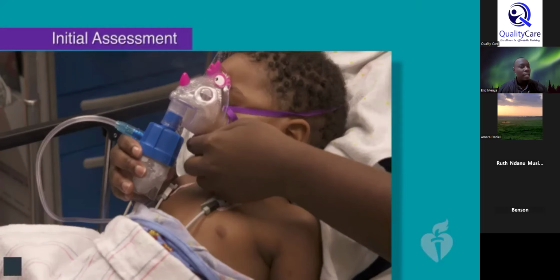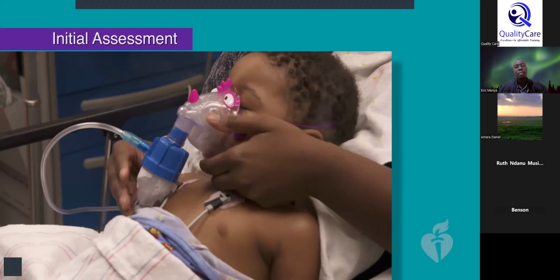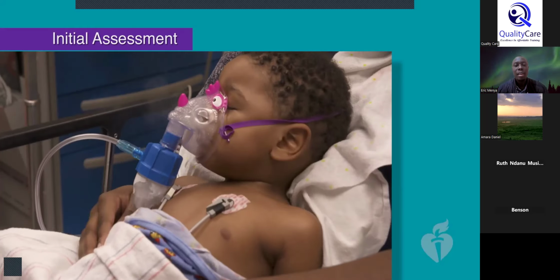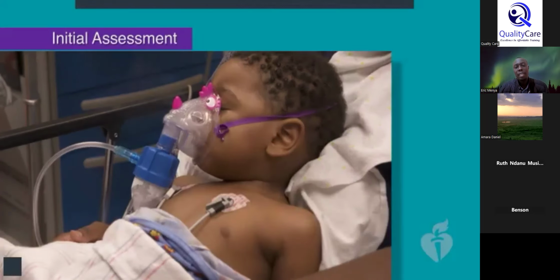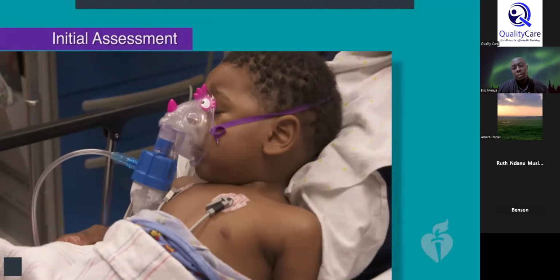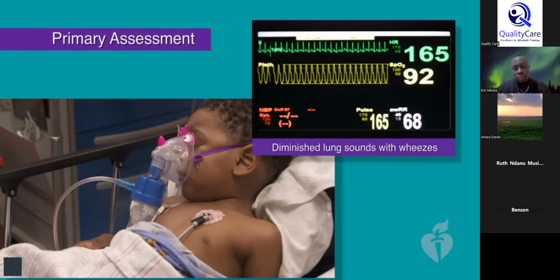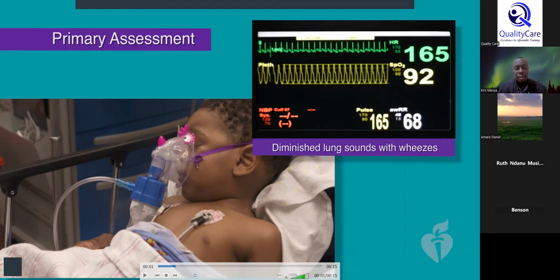The next thing you do is you move to the primary assessment, starting with airway. How is the airway? With the fact that he's breathing, I can't really assess the airway because I think it would need a maneuver.